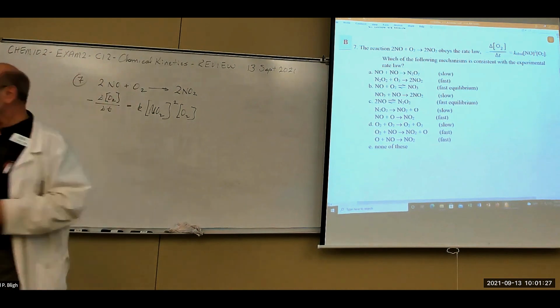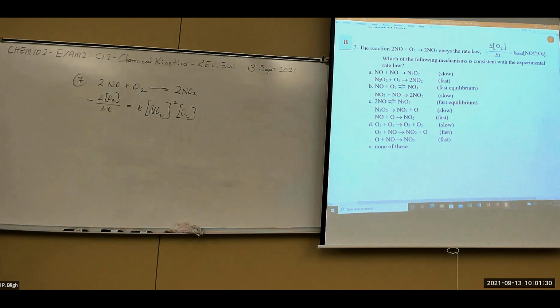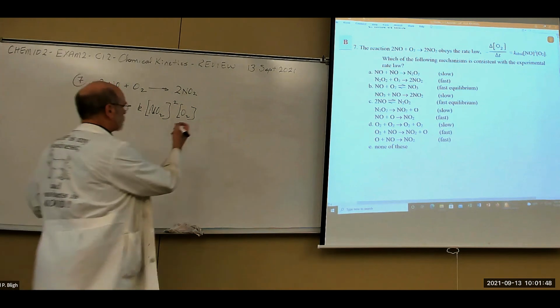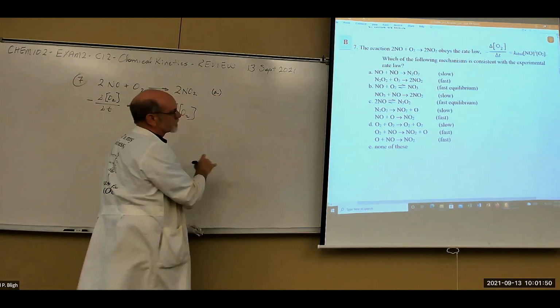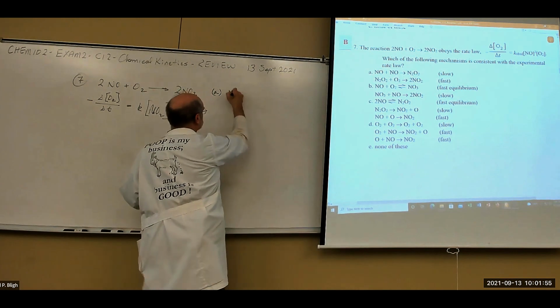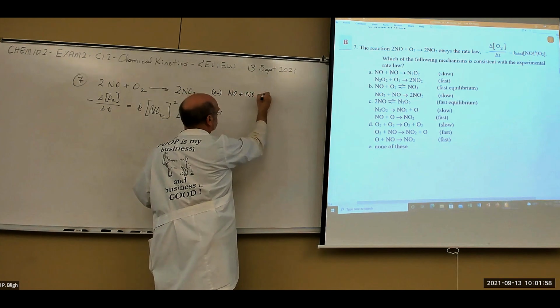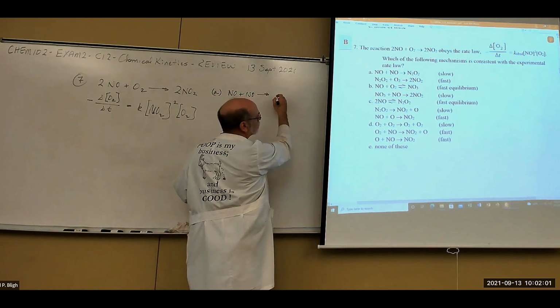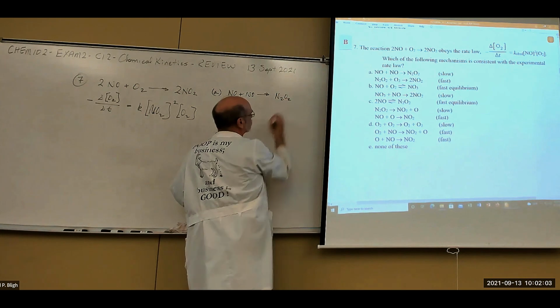So what we have to do is say, which one of these, based upon the slow reaction mechanism step, which one satisfies? Okay, so for A, the slow step is NO plus NO yields N2O2.